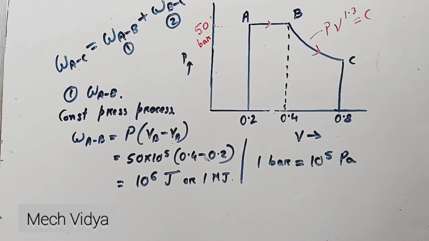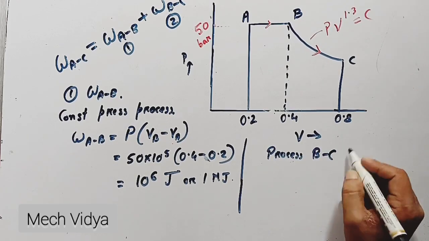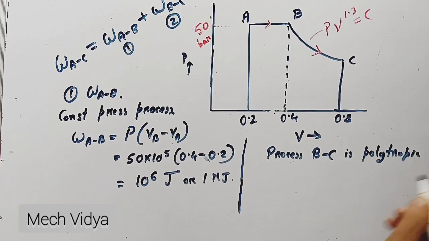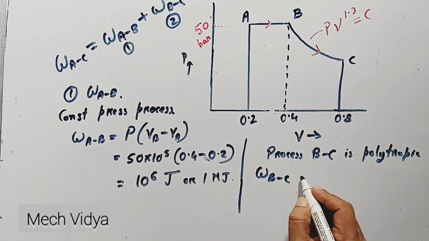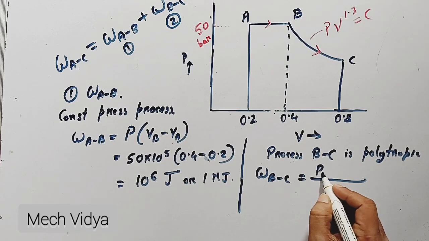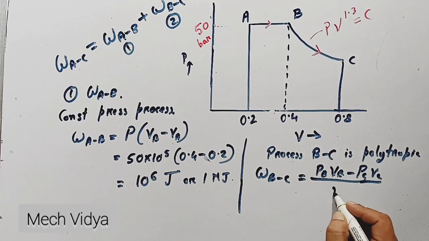Now we have to find out the work done in the second process B to C. It is a polytropic process, so we will use the formula of work done, which can be written as PB VB minus PC VC divided by n minus 1.